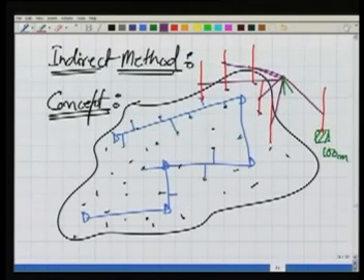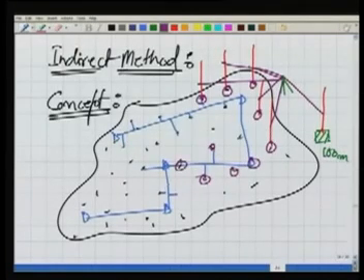All the intermediate sights are being taken. So using that, we can determine the RLs of these points also. So by doing that, we will know RLs of all the points here.